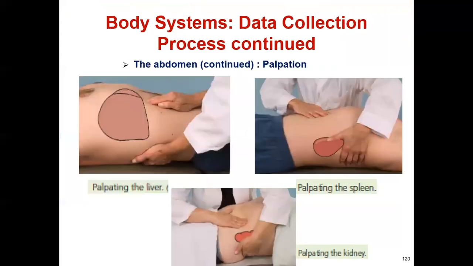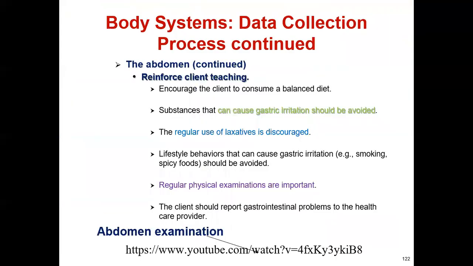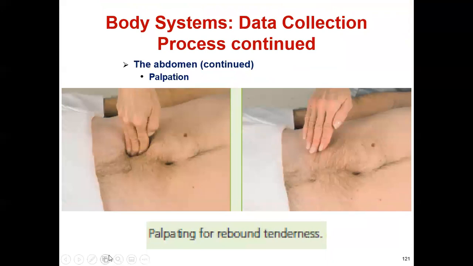And now the last one here is palpating for rebound tenderness, in this picture. So what is rebound tenderness? Rebound tenderness is a sign of peritonitis. What is peritonitis?